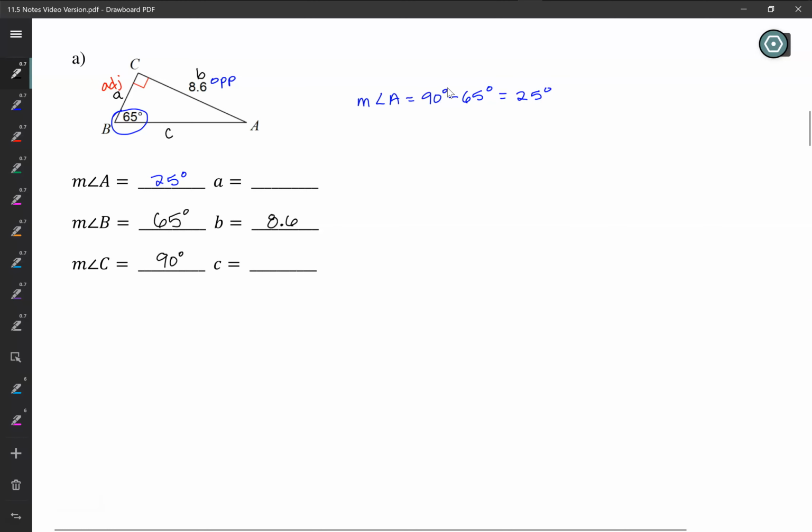So I'm going to use tangent to find A. So the tangent of my angle, 65 degrees, equals opposite 8.6 over adjacent A. A is on bottom, so 2 steps, multiply both sides by A. You get A times the tangent of 65 degrees equals 8.6. And then divide both sides by the tangent of 65 degrees.